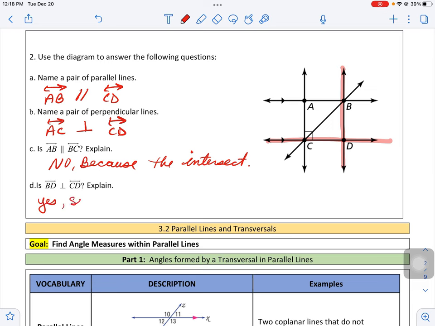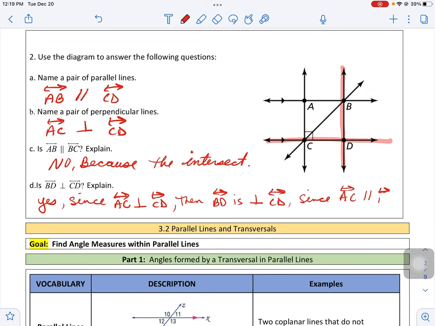Since line AC is perpendicular to line CD, then line BD is perpendicular to line CD, since AC is parallel to BD. Okay?